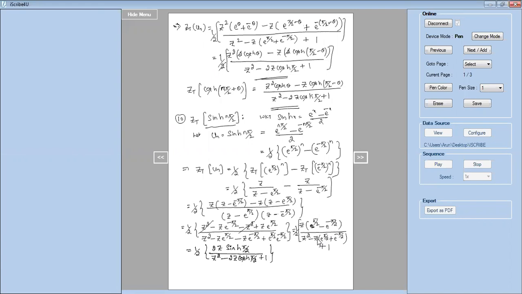Now this 2 gets cancelled, so this is equal to z sinh pi by 2 divided by denominator z square minus 2z cosh pi by 2 plus 1. So this is the z transformation for your problem, sinh of n pi by 2.